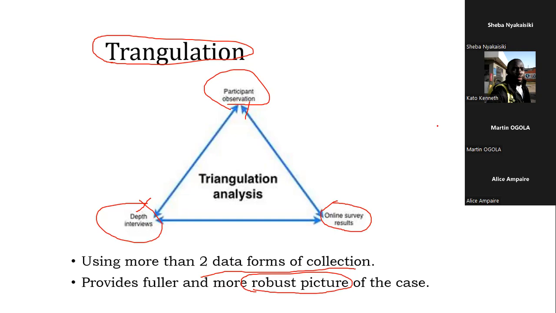Now, for all the VHTs who I observed, I gave them a questionnaire, not an online questionnaire. Of course, it was administered face-to-face. For all of them, I gave them a questionnaire. I didn't necessarily interview all of them, but they had been part of the observations that I had done.